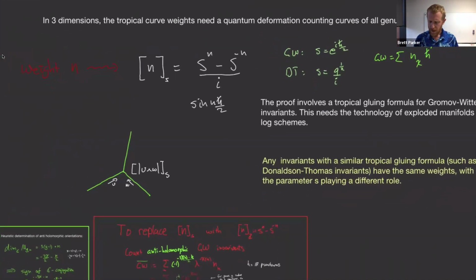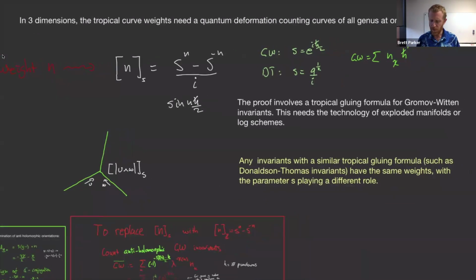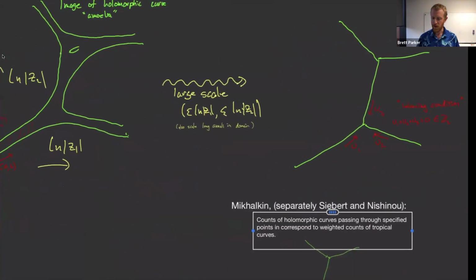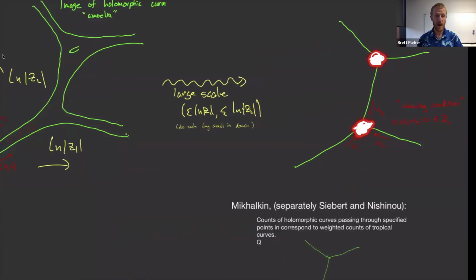So the proof of this basically just involves a tropical gluing formula. So you think you've got a tropical curve like this, you have some kind of moduli space from this vertex, some kind of moduli space from this vertex, modeled on holomorphic curves in C star squared in this case, and you glue them over an edge like this.